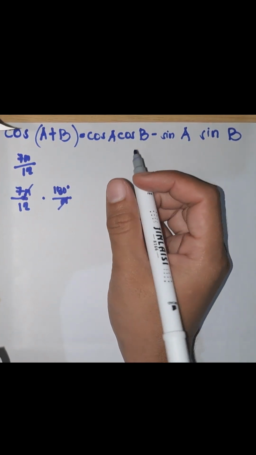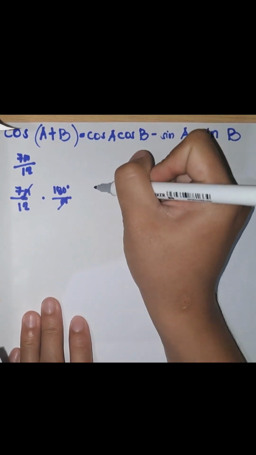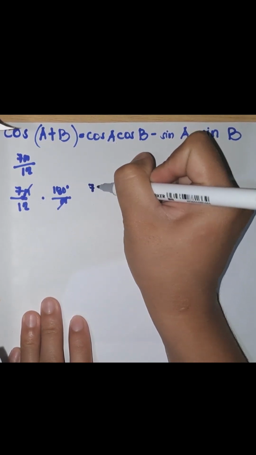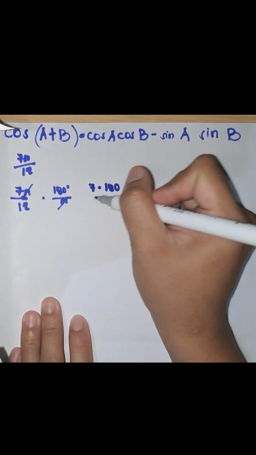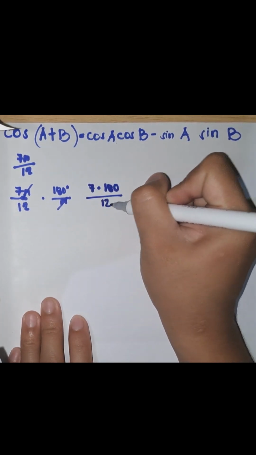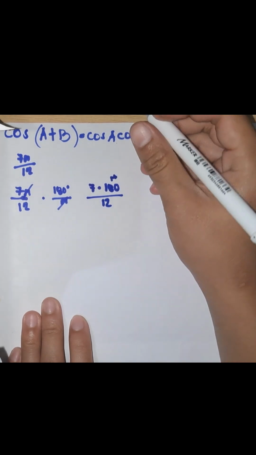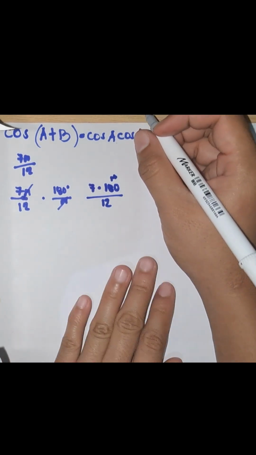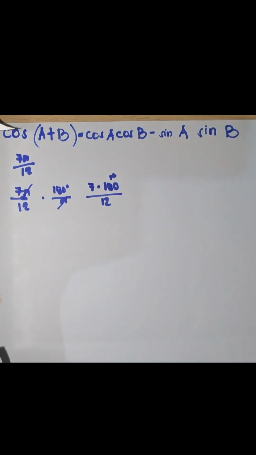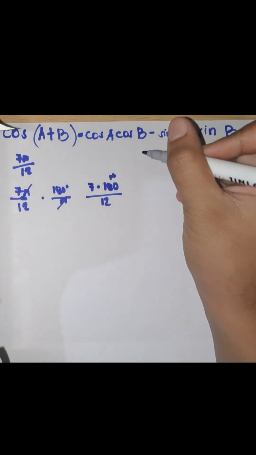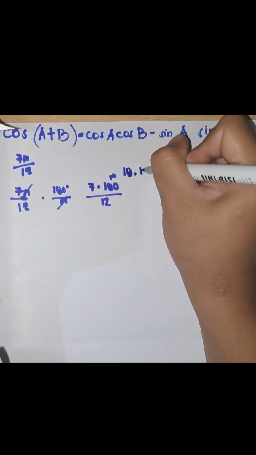Let's break it down. 7 times 180 over 12. As you can see, the 180 would be factored into 18 times 10.